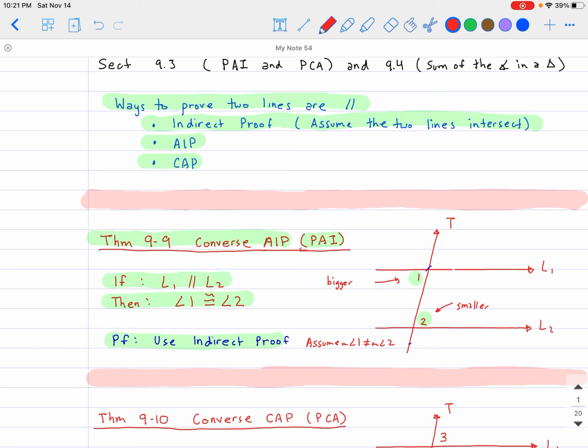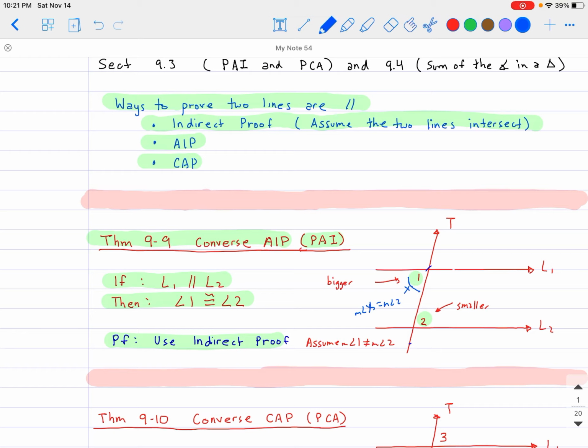Okay. Now, in that case, what I can do is the following. If angle 1 is bigger than angle 2, then I can form something like angle x, where the measure of angle x is equal to the measure of angle 2. Since it's a bigger piece, by the parts theorem, I can go ahead and slice it a little bit. That way you have an angle that is going to be congruent to the smaller piece.